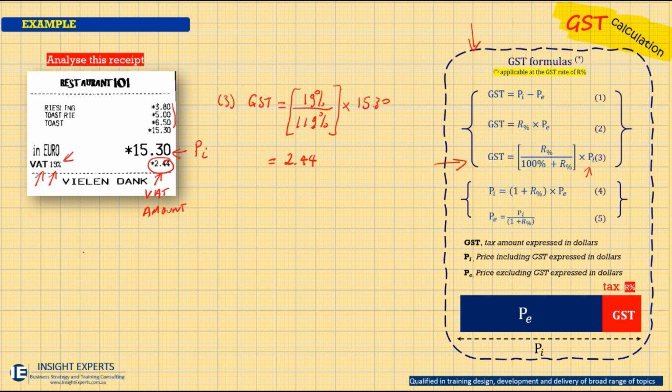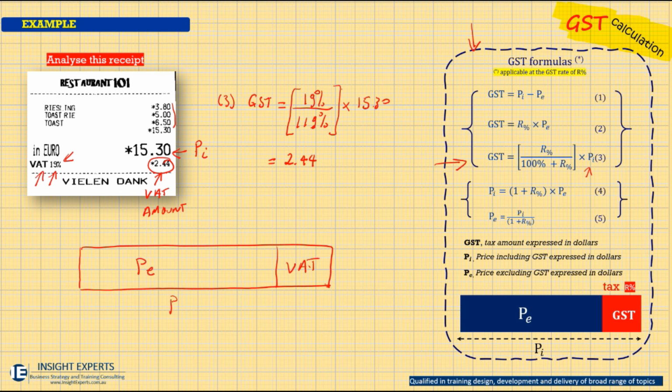So graphically, if I just come here and just draw each one. So this is the VAT amount, that's the price before tax, and that's what the customer paid at point of sales. In terms of the VAT, that is 2.44, and then price including VAT is 15.30.